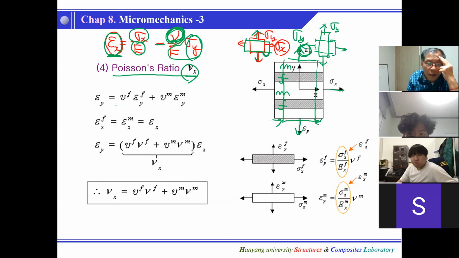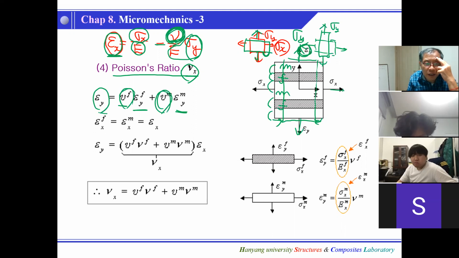And recalling the rule of mixture, the Y direction is always given in terms of the fiber and matrix strain, with the volume fractions. Again, remember that we have a certain length, a certain amount of strain, leading to a fiber volume fraction and matrix volume fraction.